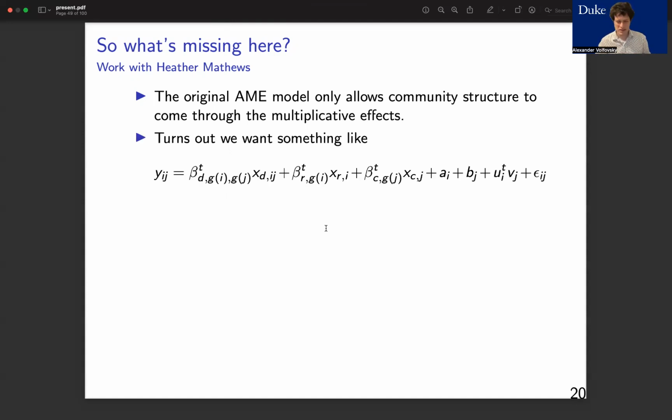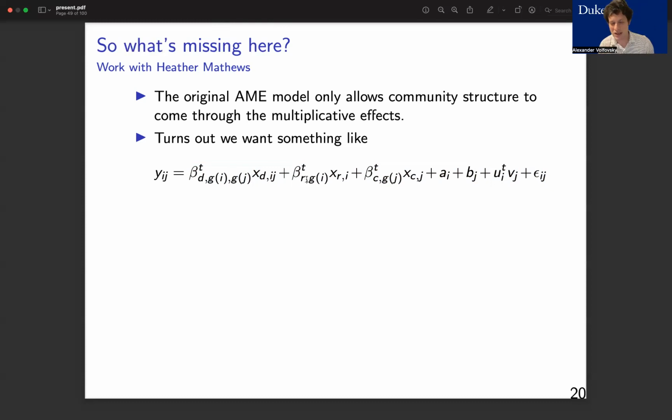So we want to enhance our model to allow the coefficients for each individual, for each covariate, to potentially depend on the group membership or community membership of the person. So let's look at the row predictors, right? We no longer just have a beta transpose x_i.